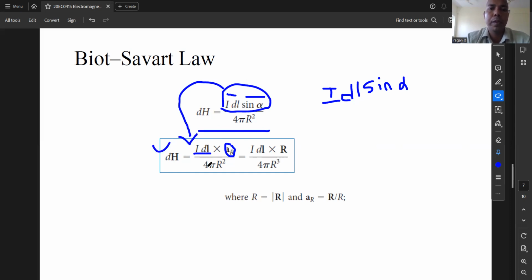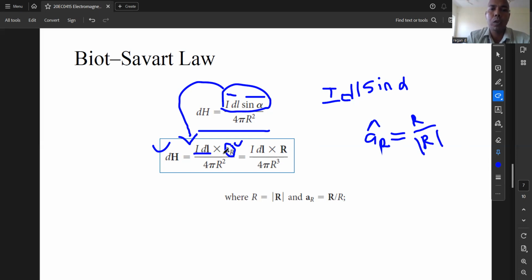We can write it again as I dL cross aR, where the unit vector aR is the direction of the distance connecting the point P to I dL. So I dL cross R divided by 4 pi R cube, because the unit vector can be written as the vector divided by the magnitude of the vector.